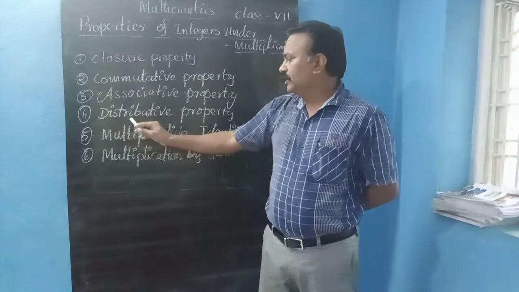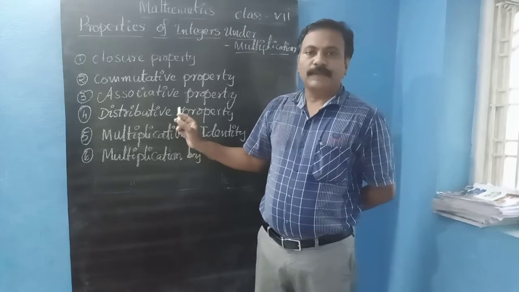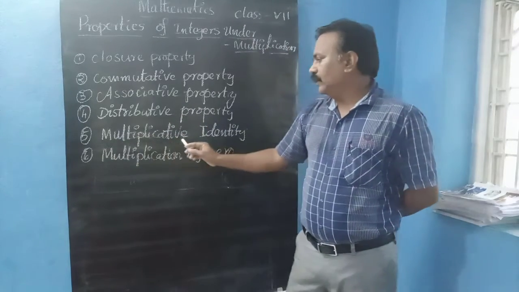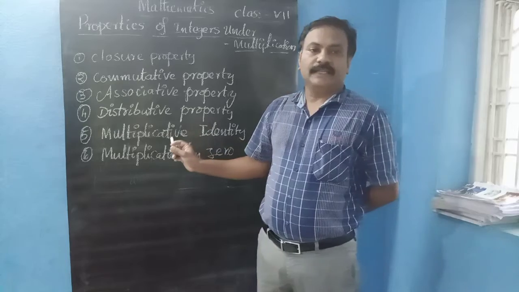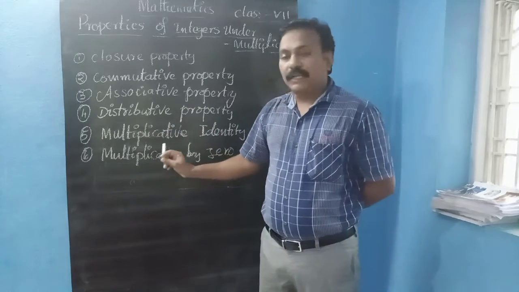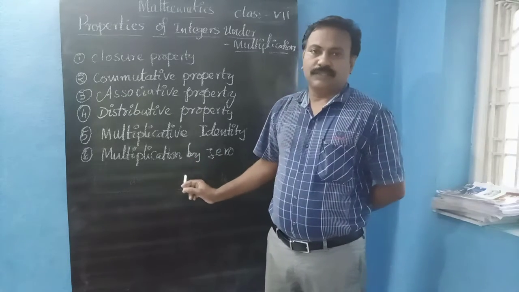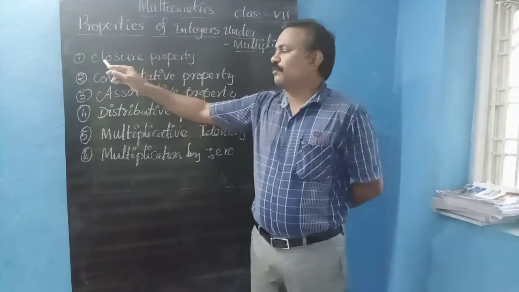Fourth, distributive property. Fifth, multiplicative identity. Sixth, multiplication by 0. Okay, we learn about the first property.